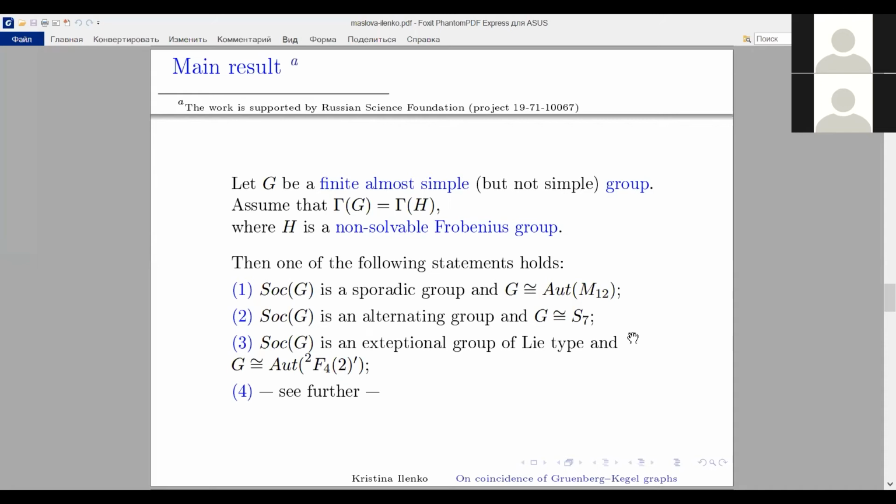And from the third, it follows that G is an exceptional group of Lie type and G is isomorphic to the automorphism group of the Tits group.